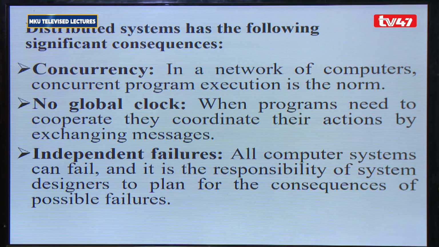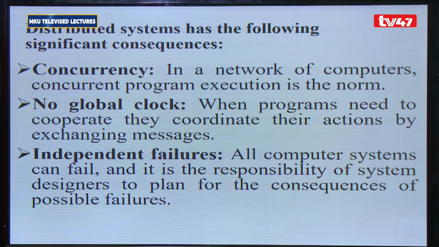Independent failures. All computer systems can fail, and it is the responsibility of system designers to plan for the consequences of possible failures. Remember, the significant consequences are always mitigated. We try to mitigate and work together.